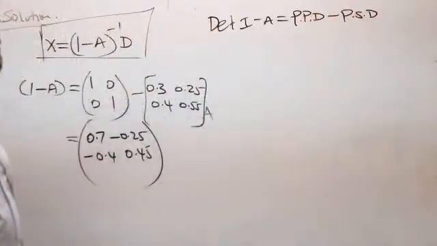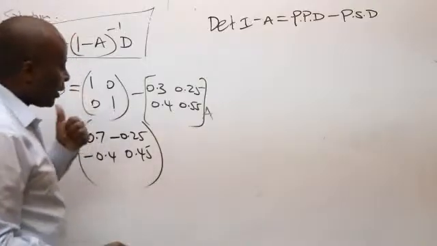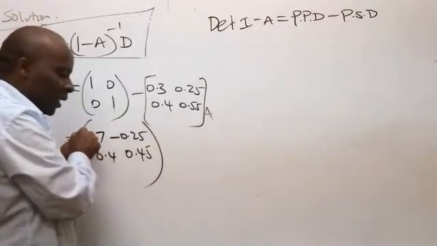It is the product of the primary diagonal minus the product of the secondary diagonal. The primary diagonal in this particular case, if you remember your concepts very well, is the one that normally starts from the first element.